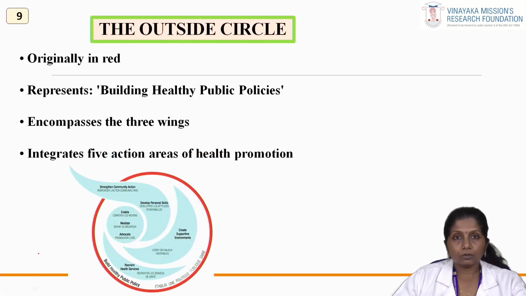Now, this logo shows the outer circle, originally red in color, which represents the idea of building healthy public policies. This red circle serves to hold everything together, like policies do in real life. This red circle surrounds the 3 wings, showing that public policy should support all aspects of health promotion.